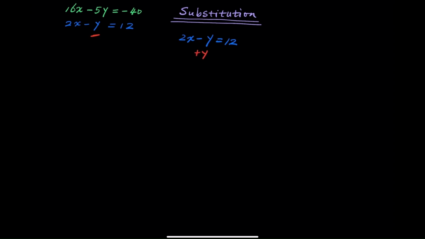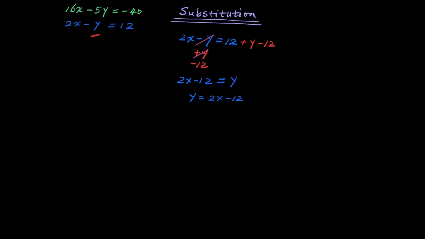So let's add y on both sides and subtract 12 on both sides. This gives us, on the left side, 2x minus 12 because negative y plus y is 0. And then it equals y on the right side. We can rearrange it as y equals 2x minus 12.